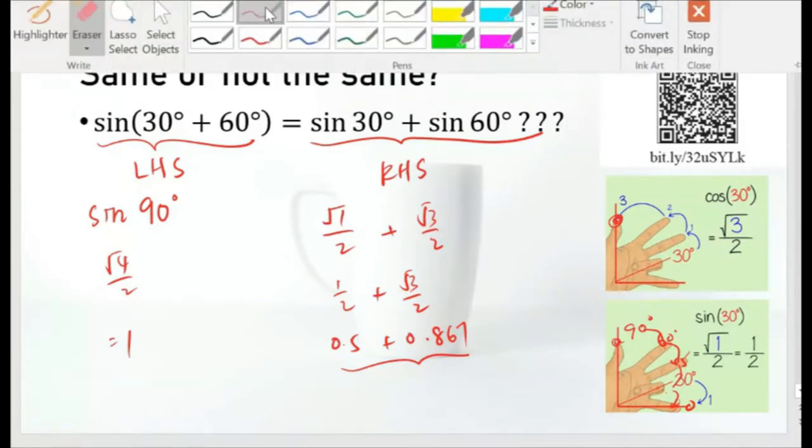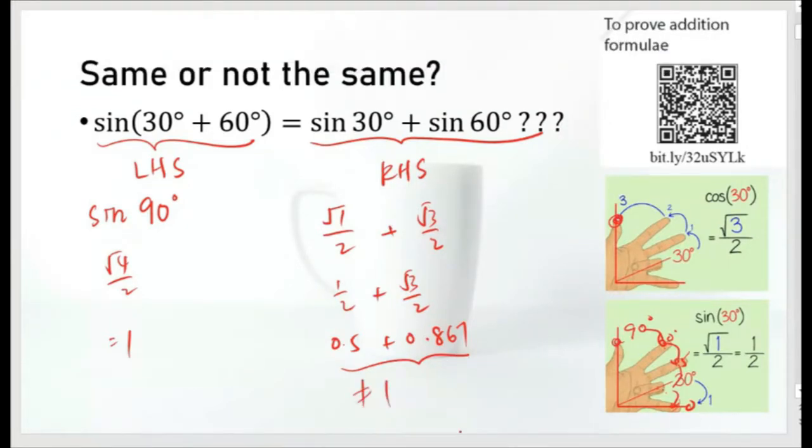So this is not equal to 1. From here, we can say that they are not the same. So we cannot say that sine in bracket 30 degrees plus 60 degrees, you cannot take it out. You cannot say that it's equal to sine 30 degrees plus sine 60 degrees.